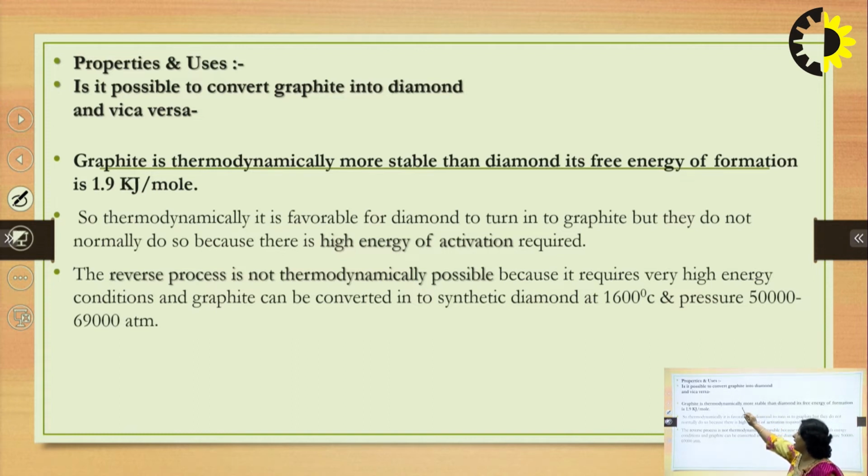Graphite is much more stable than diamond, and the free energy of formation of graphite is 1.9 kilojoule per mole. What is this free energy?